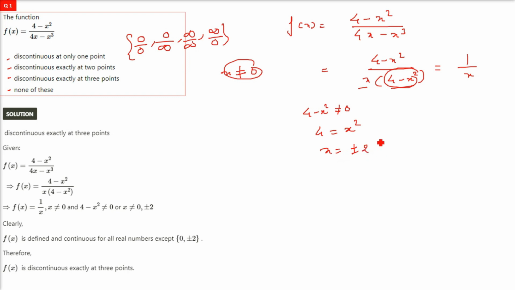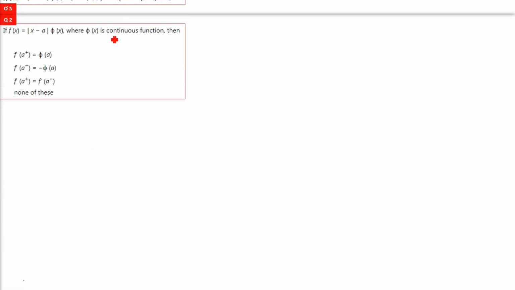When x is equal to plus minus 2. So there are 3 points: 0, plus 2 and minus 2. How many points are these? Count, these are 3. So f(x) is defined and continuous for all real numbers except these 3 points: 0, plus 2, minus 2. So f(x) is discontinuous exactly at 3 points.